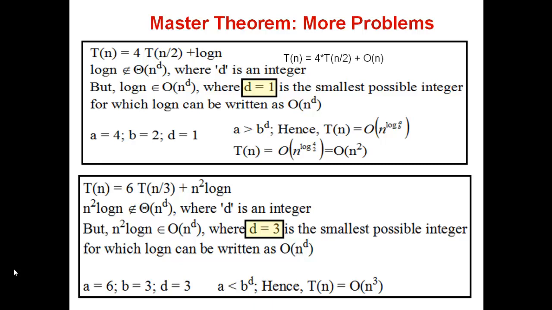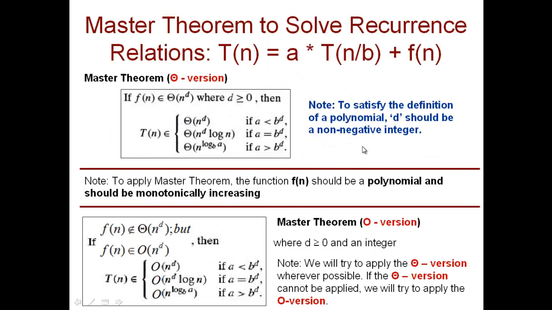So n raised to d is n to the 1, a is 4, b is 2. So we can compute b raised to d, which is 2, and compare with a. A is greater than b raised to d. If a is greater than b raised to d, this is the formula we have: T of n is n raised to log a to the base b.